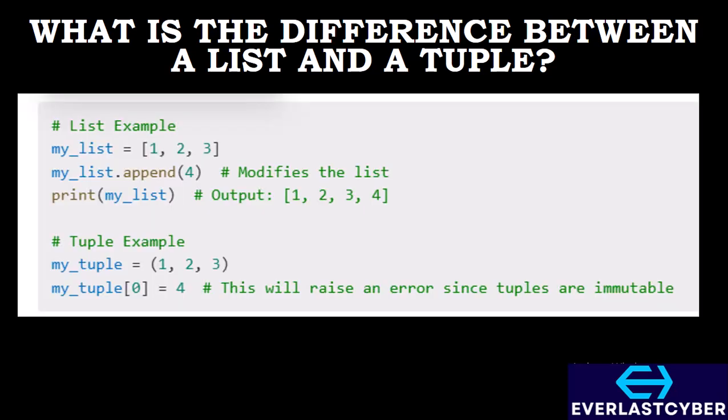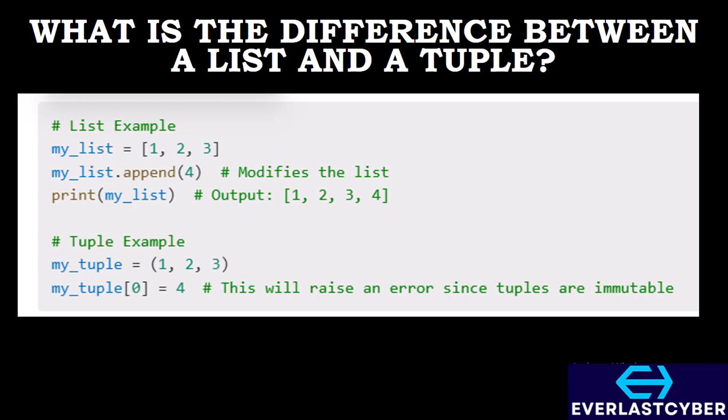I'll be showing you a picture of a code. In the first example, we have a list. We see that the list has been created in the first line, but now we want to modify this list by adding the number 4 to the integers. So we just put in that code, mylist.append, and then the number that you want to add to the list. And by the time you print it out, you'll see that the number has been appended to the list.